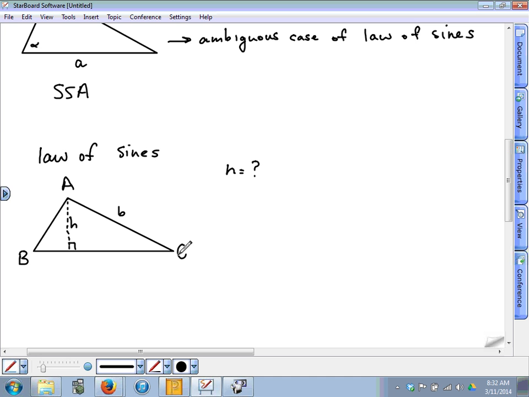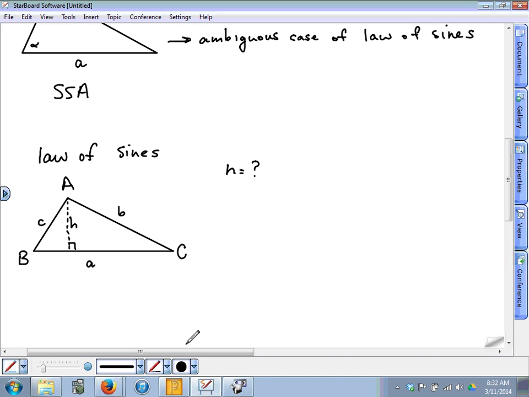If this is angle C or vertex C, then this is little c and this is little a down there. So H, let me give you a hint, and I want you to answer this. What does H equal in terms of angle C and side B?